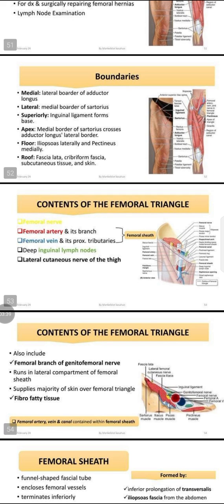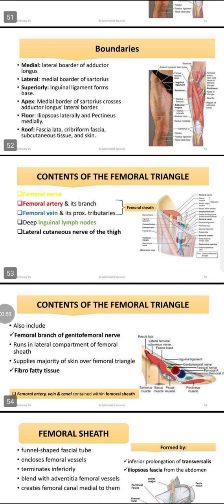The medial side of the sartorius forms the lateral wall, while on the medial wall we have the lateral border of the adductor longus. You need to take note of that.